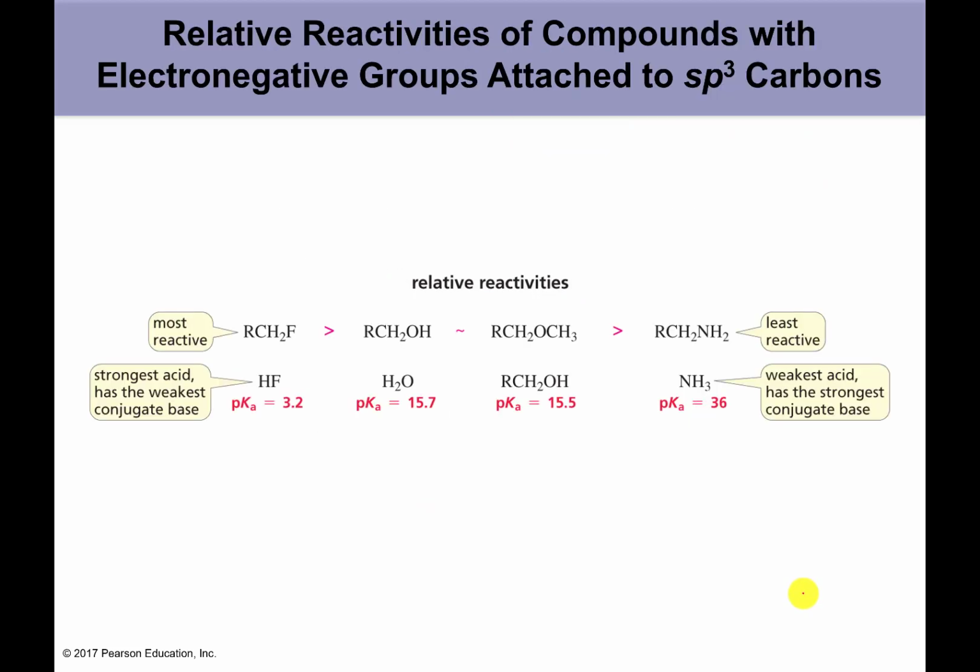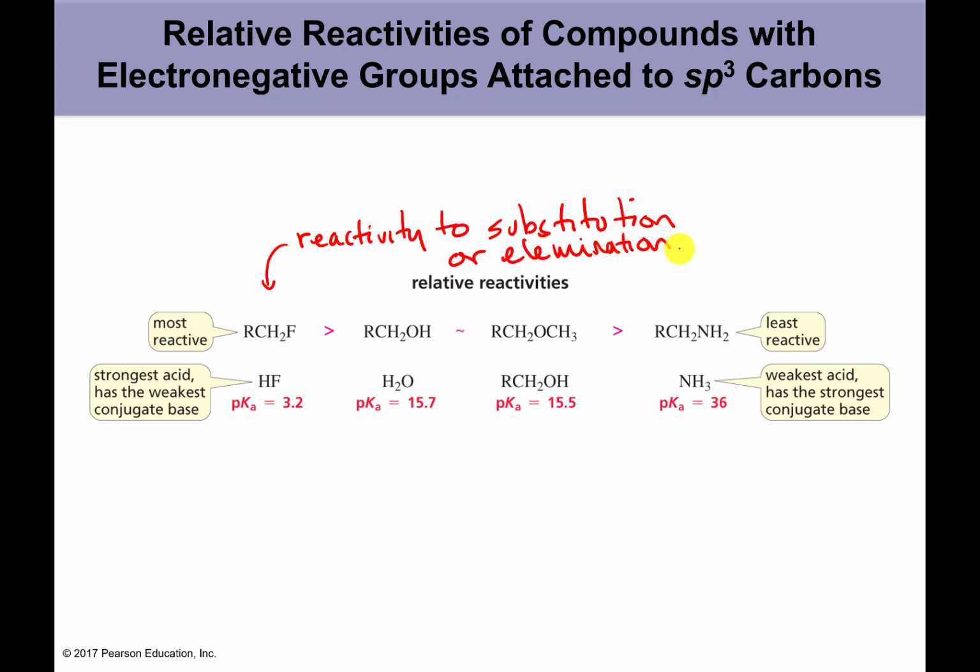Okay, now in terms of reactivity to substitution or elimination, what we find is alkyl halides are the most reactive, especially the alkyl iodides or alkyl bromides.